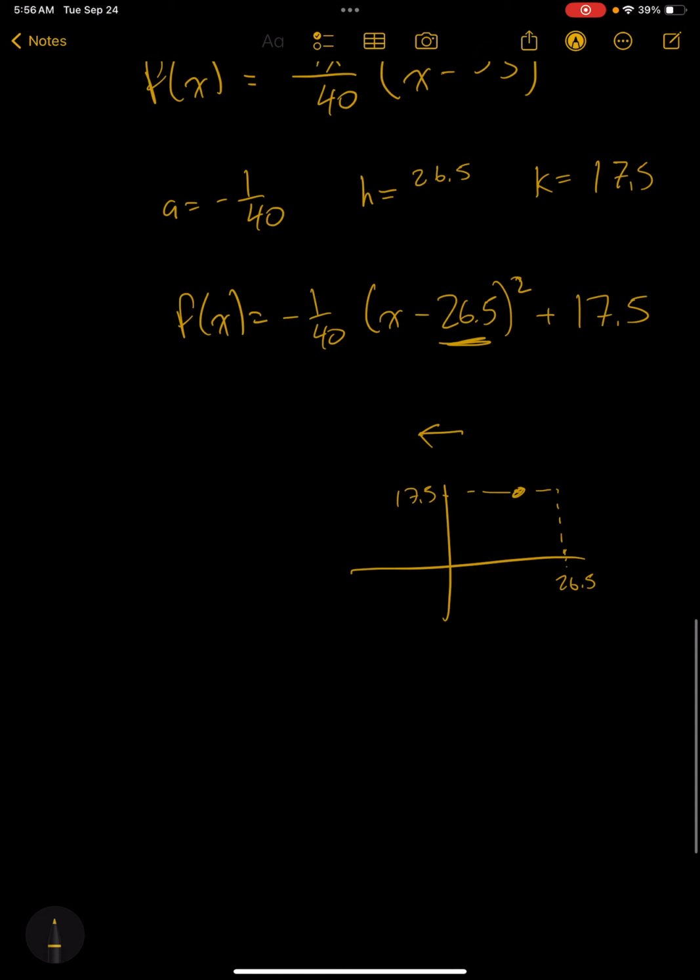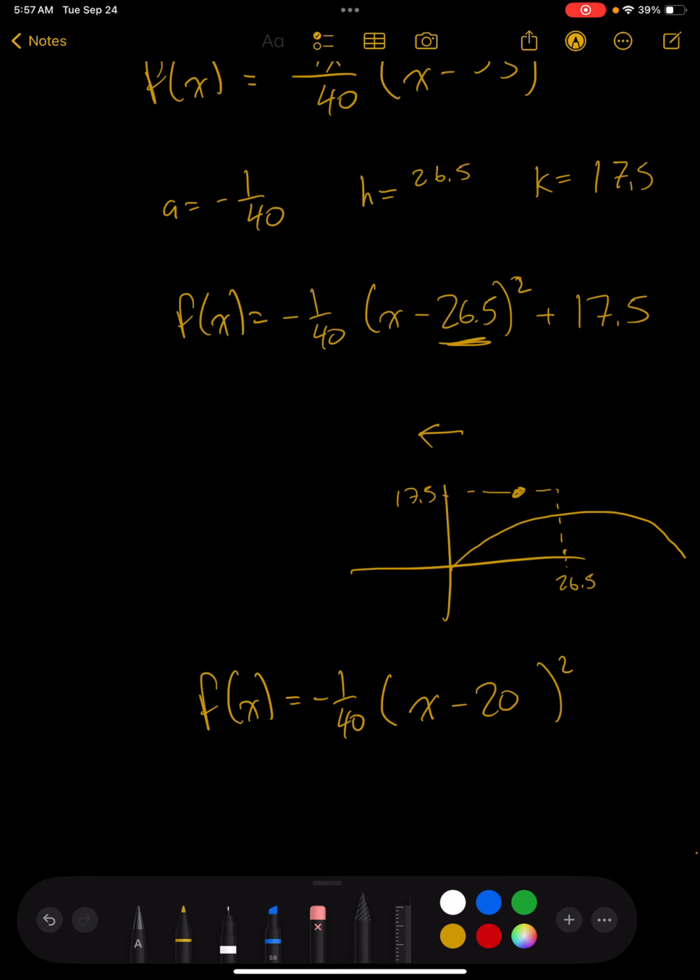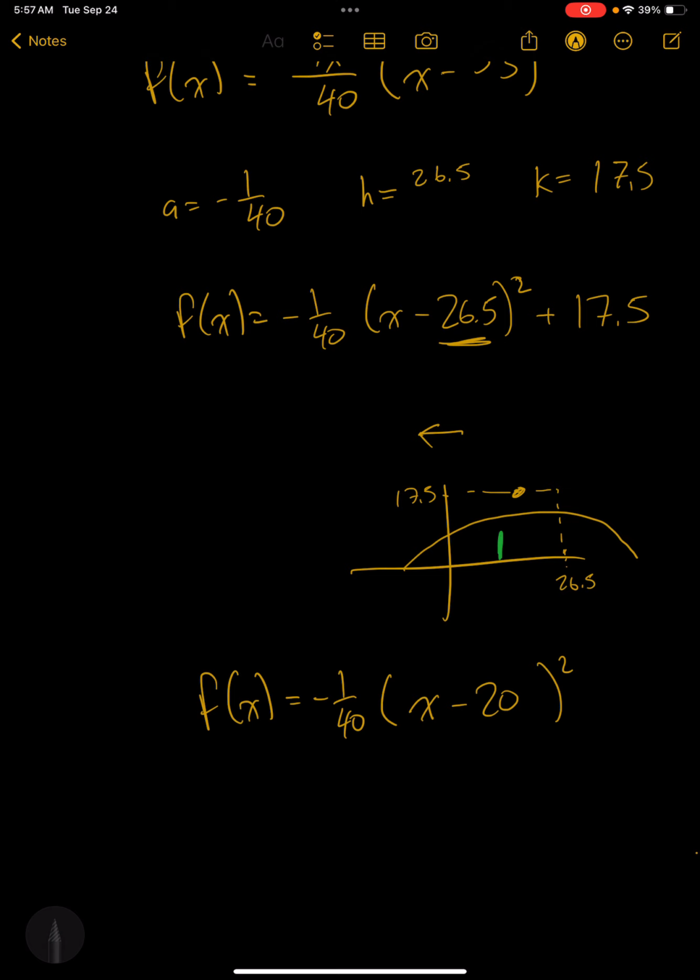So an alternative that will clear the tree, I can do the same function, x minus 20.5, squared, or 20 is good. Why? Because I'm shifting it a little less. Instead of going like that, and over the tree, essentially what you're doing is shifting this over here.